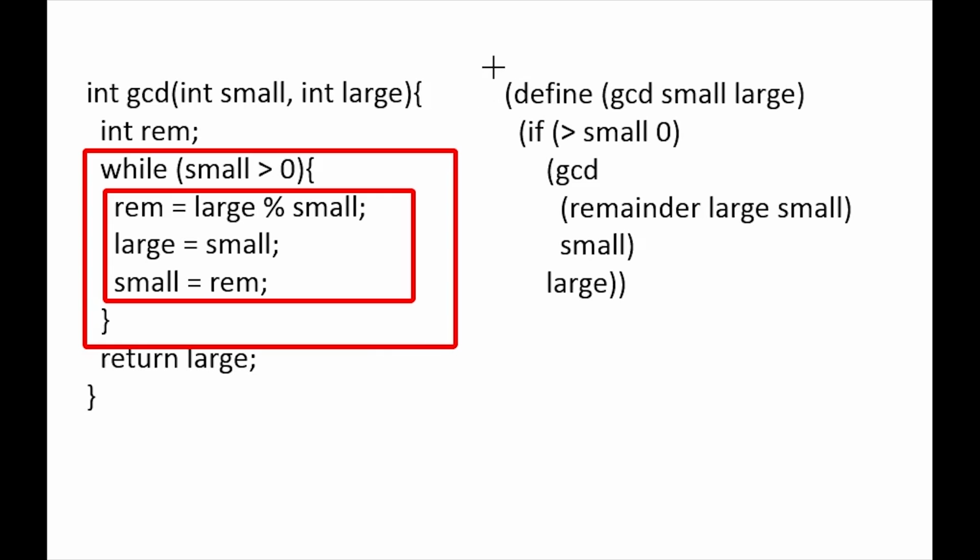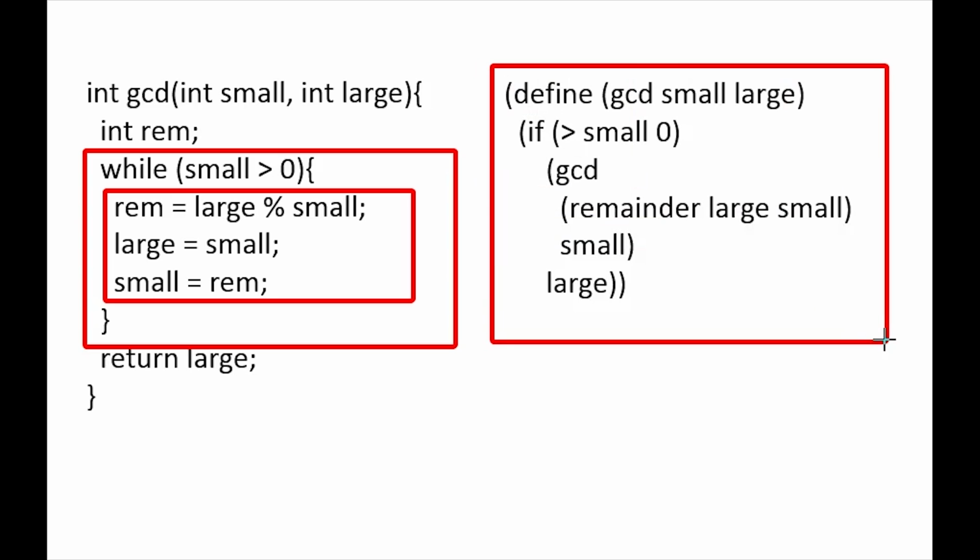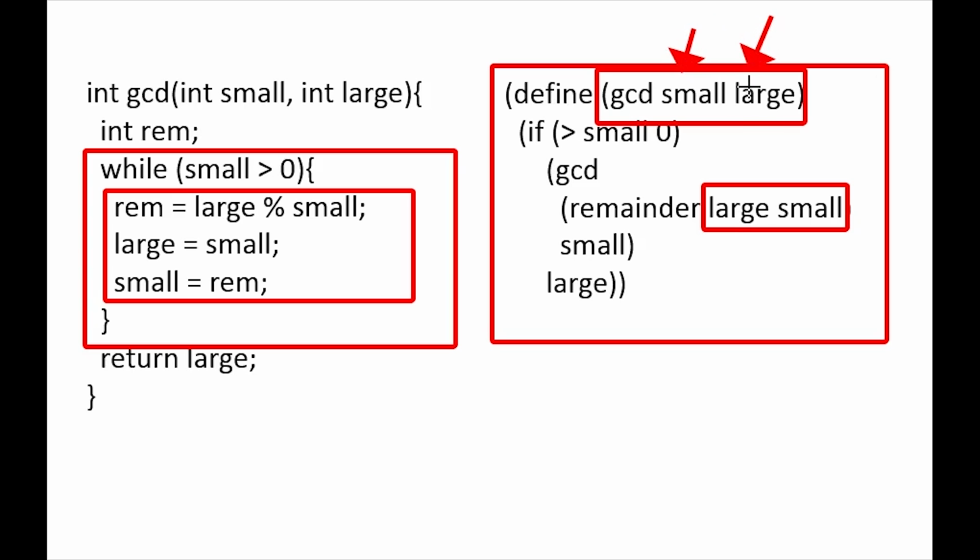We saw the counterpart here in Scheme, where we do not use assignment, but we pass existing values of large and small to a new call to our function, where we have new instances of these variables. Now, as we saw before, this is a tail call. In reality, we reuse the locations for small and large, but again, that's another story.